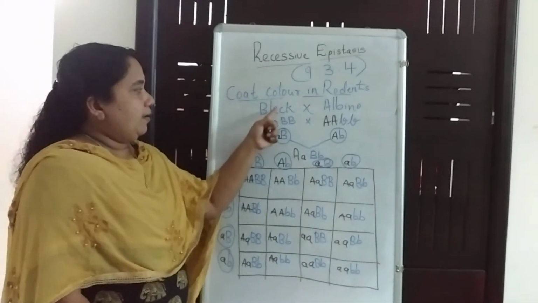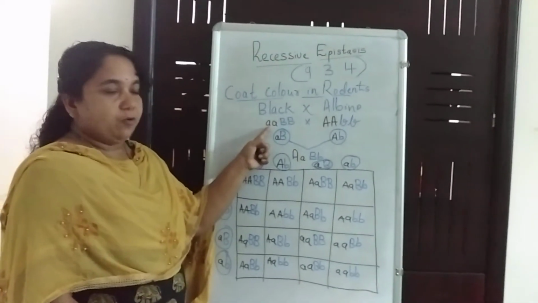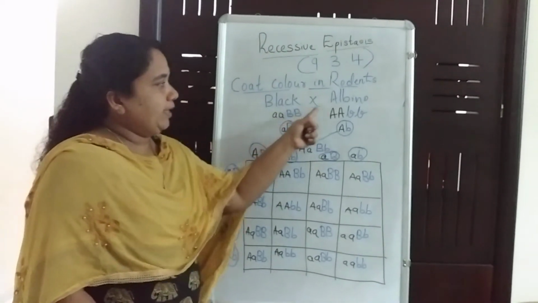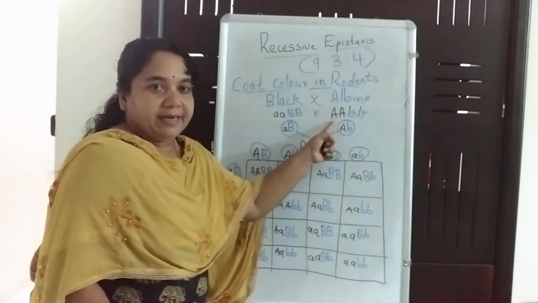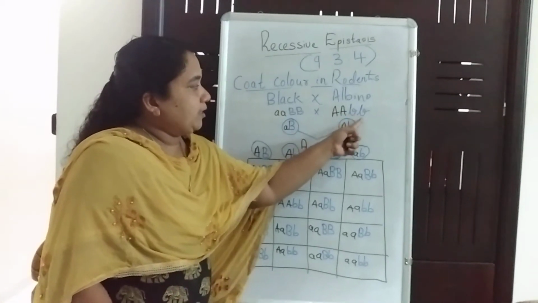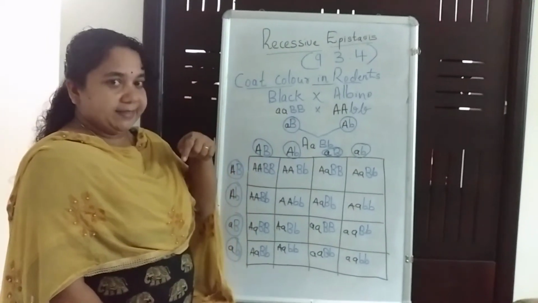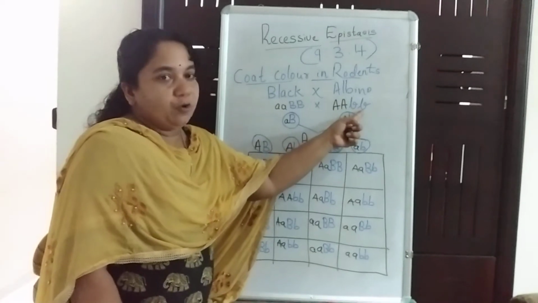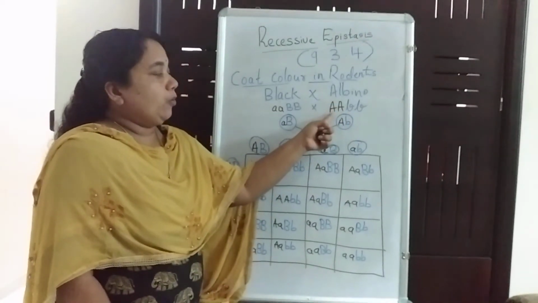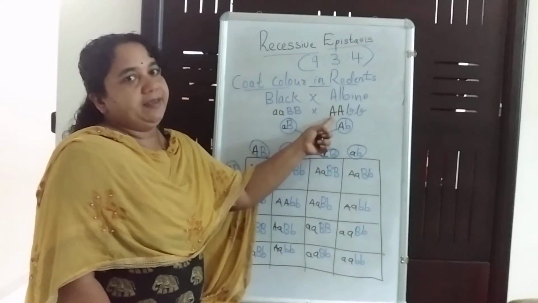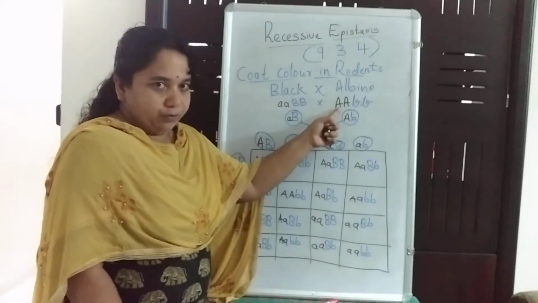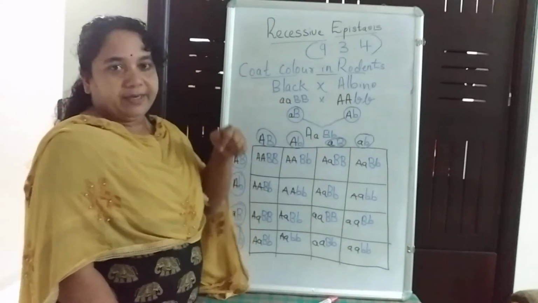So black is small a, capital B, and albino is capital A, small b. I have said that if small b is there, there is no role for capital A, agouti, so it is albino in color.